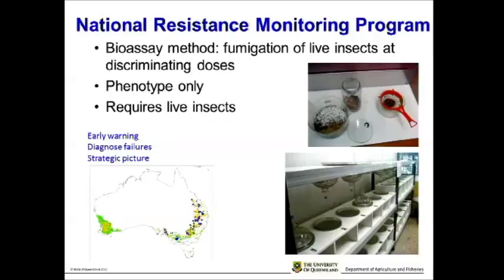So when they first detected strong resistance, the high-dose strategy was implemented. But it's a phenotype-only assay that was developed because we had no knowledge of the genetics back then, and it requires live insects. So that really limits the sorts of samples that you can get. It's basically where you can find the insects. So usually you can only sample from storages themselves.